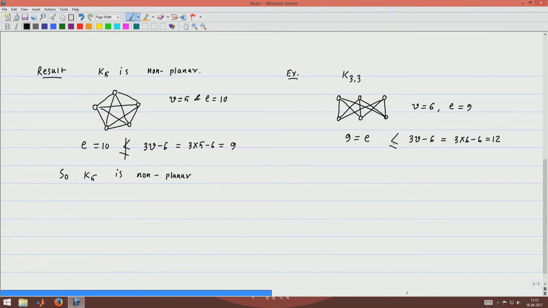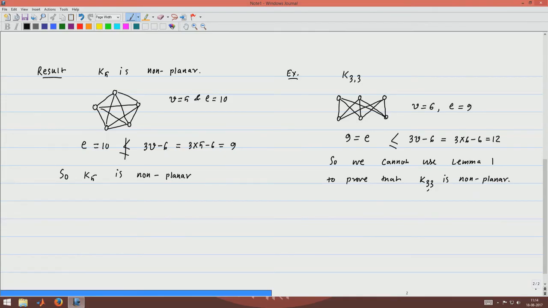So, the condition of the lemma is true. So, we cannot use lemma 1 to prove that K33 is non-planar.